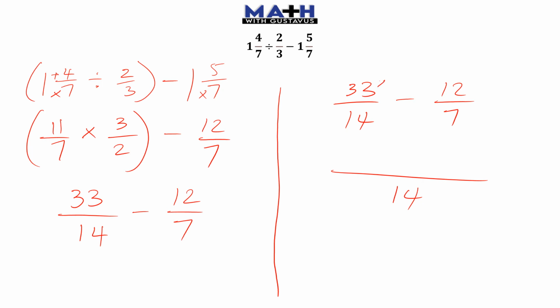That goes one time, so that's 33 times 1, which is 33. Then 7 into 14, that goes 2 times. 12 times 2, that is 24. Now the difference between 33 and 24 is 9, and then we write back our denominator, which is 14.